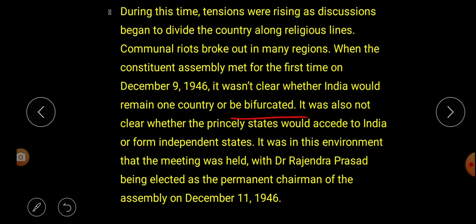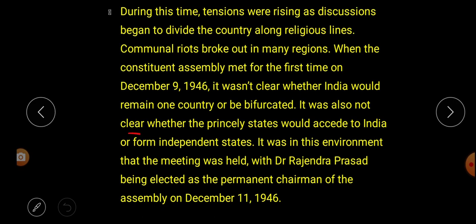What is bifurcated? That means divided into two separate countries. So listen carefully. When the first Constituent Assembly started on December 9, 1946, it was not clear whether India would be a single country or be divided into two countries.